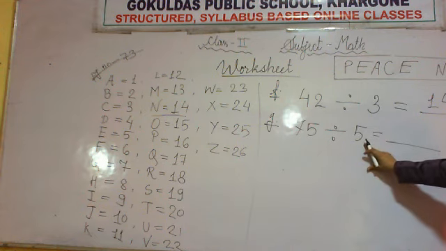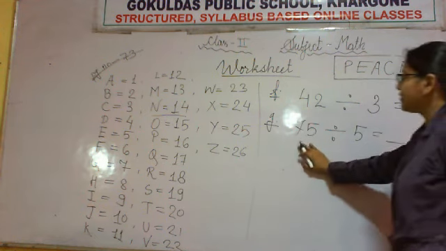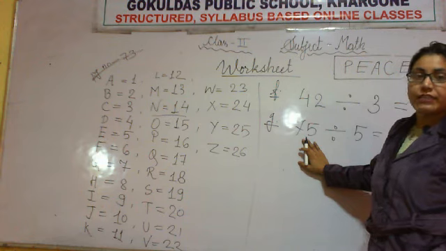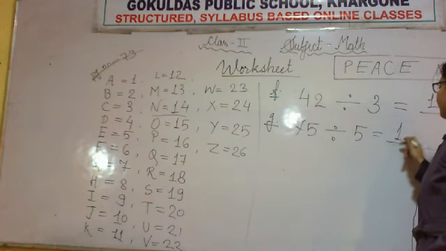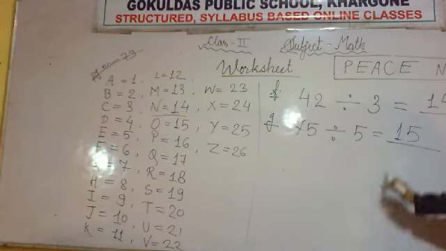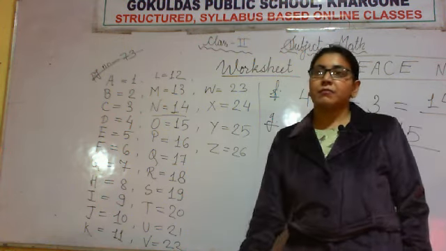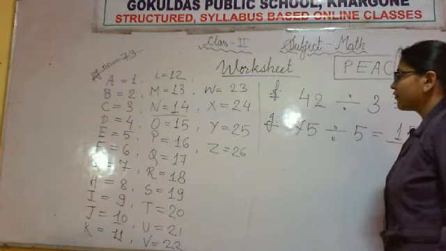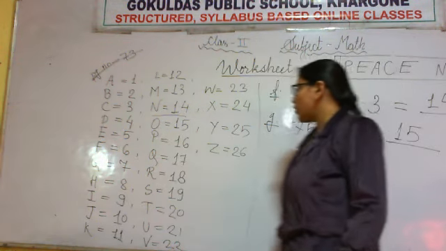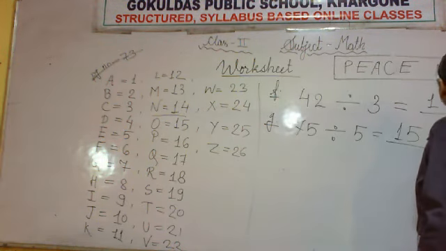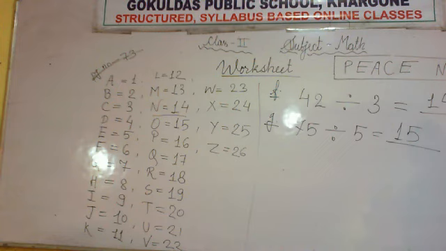If we multiply 15 and 5, we will get 75. So if we divide 75 by 5, we will get 15. So this is the importance of the relation which we had learned, the relation between division and multiplication. So for number 15, letter O is there. So our next letter is O.